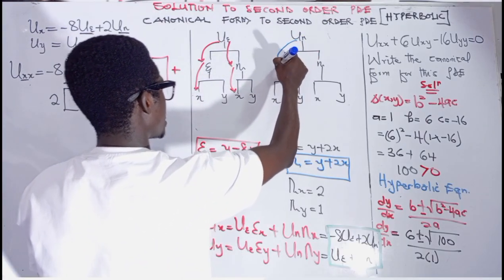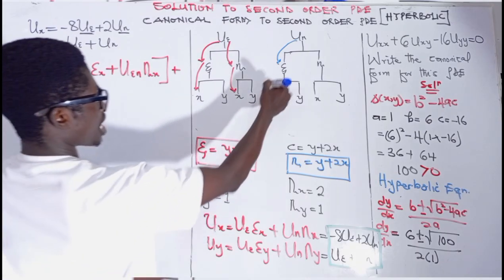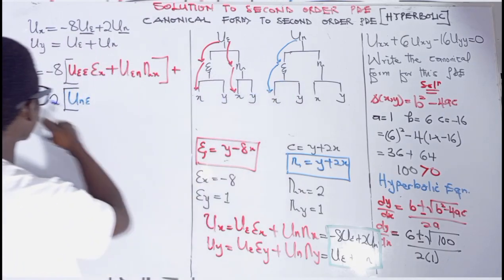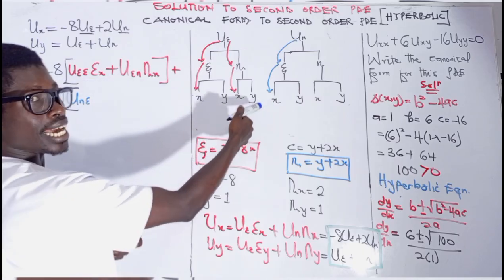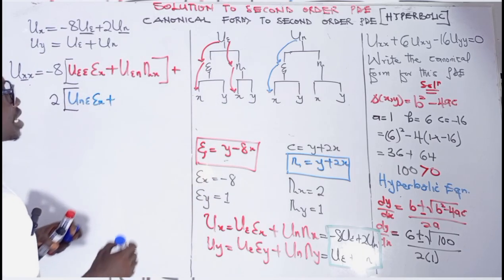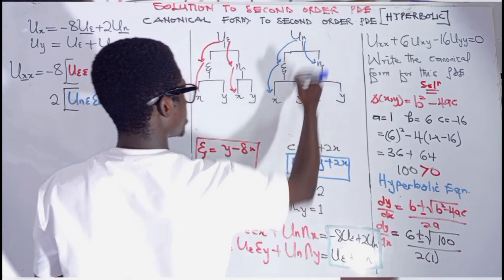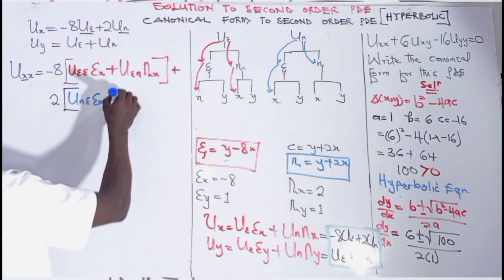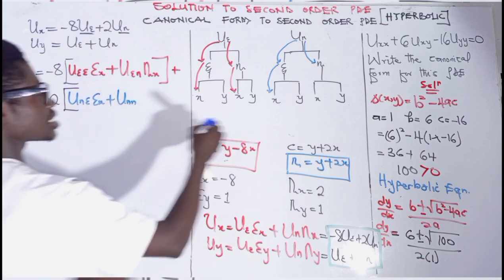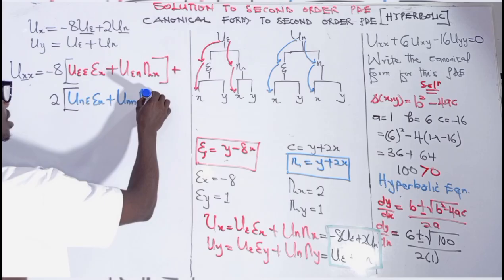So we have u eta xi, then xi x, because we are taking it with respect to x. Then we have plus, we have another x here, so we can find that one as well. So we have u eta eta, then eta x.